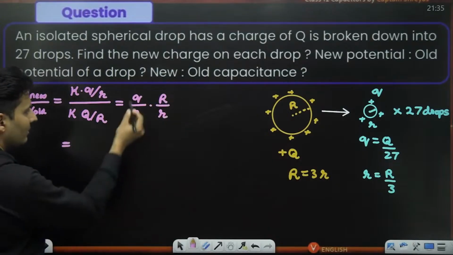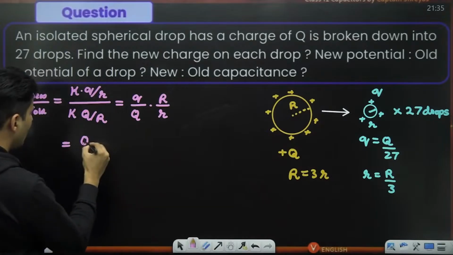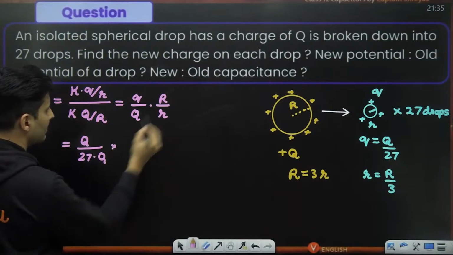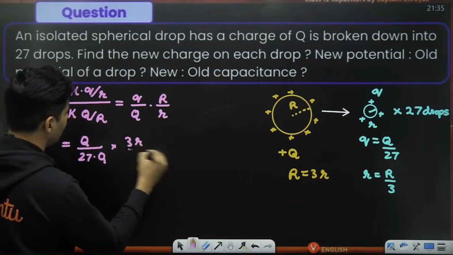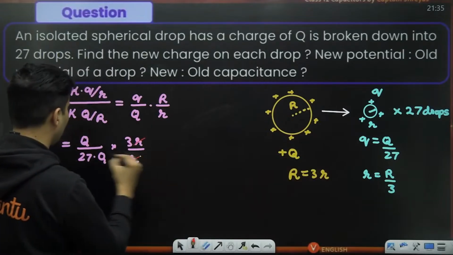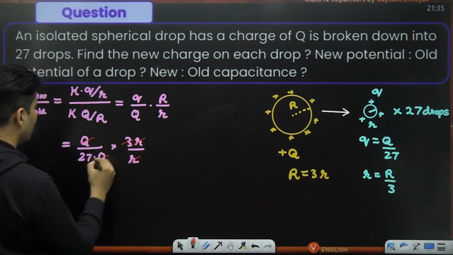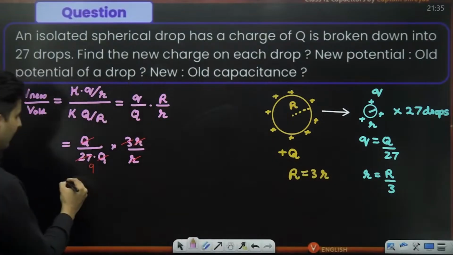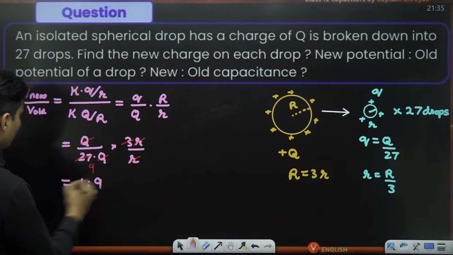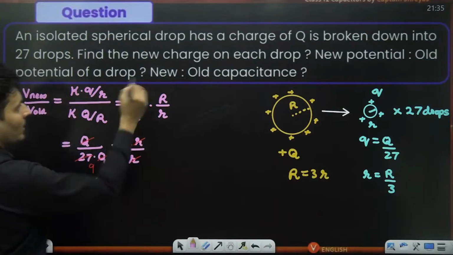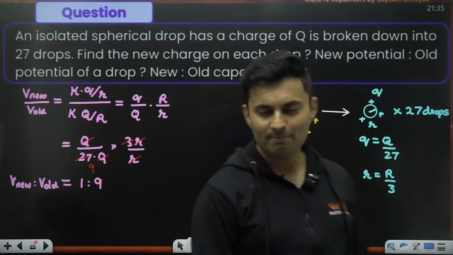You can replace anything with anything, like small q is capital Q by 27. This capital Q stays as it is. Capital R is 3 times of small r. As one can see easily, R and Q cancel, this 3 cancels with 27, 9 times. So hence that ratio will be 1:9. So the new potential to old potential, we figured out the ratio. It is nothing but 1:9.